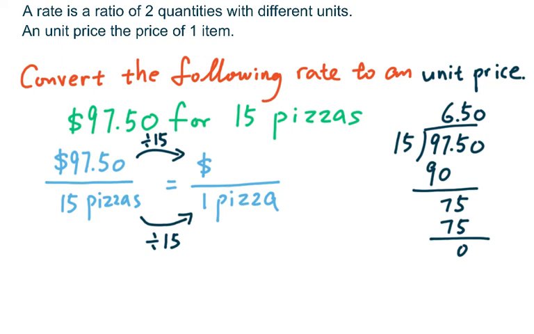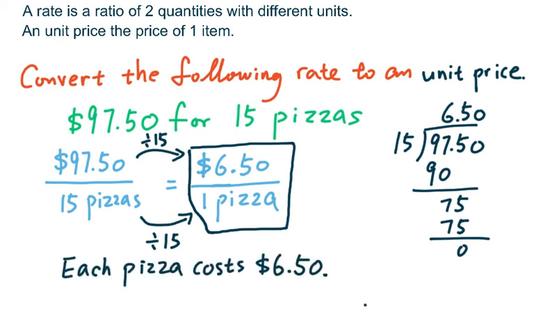So our unit rate for this problem is $6.50 to 1 pizza. To answer this problem in a complete sentence, you can also say each pizza costs $6.50.